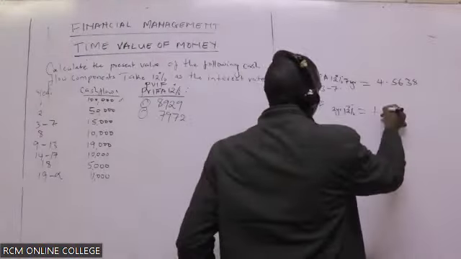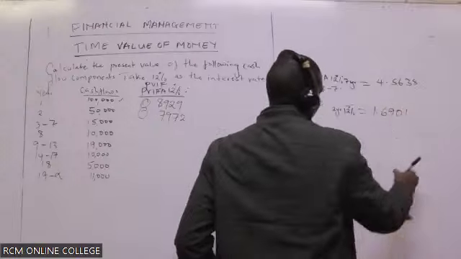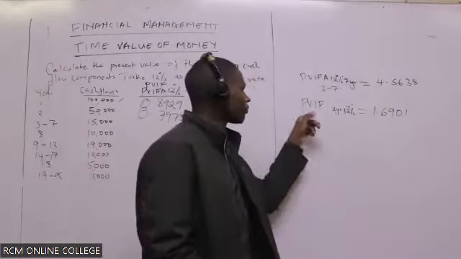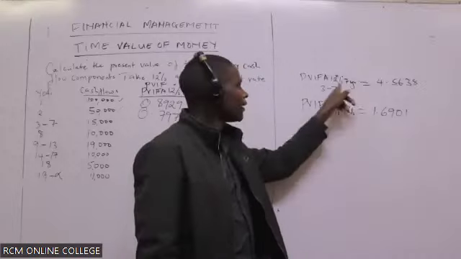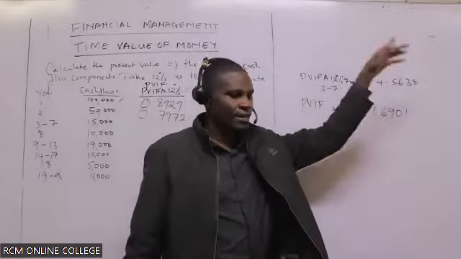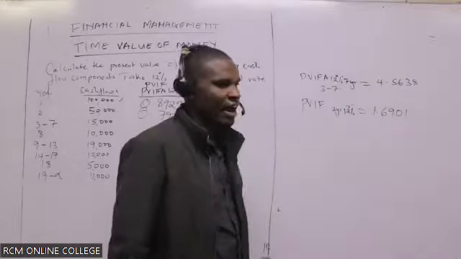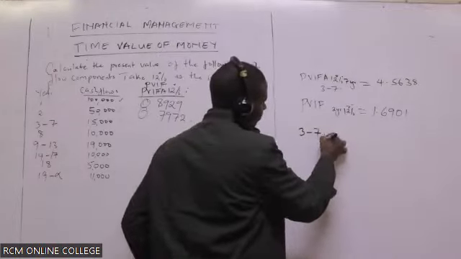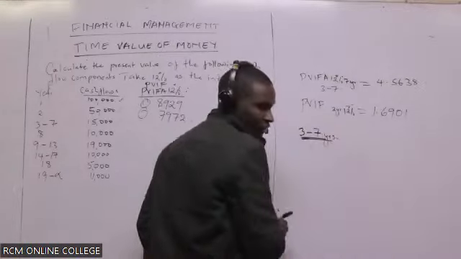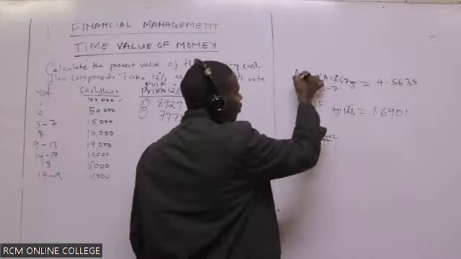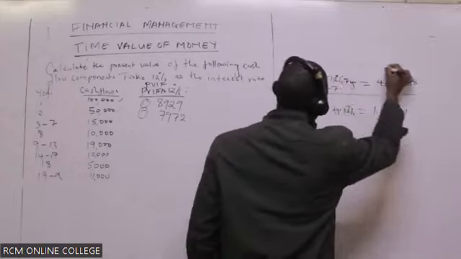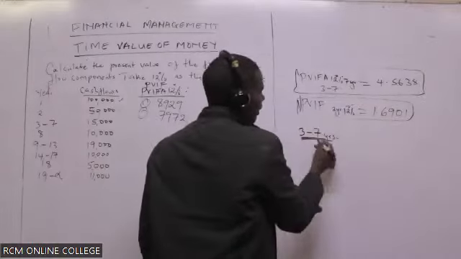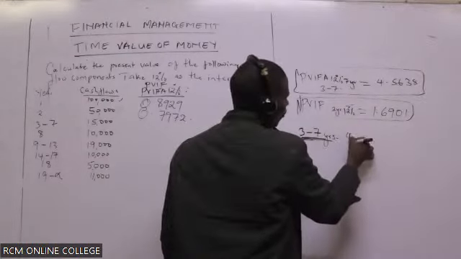1.6901. Okay. If this is the PVF of 2 years, and this is the PVF of all 7 years, how do we get the PVF of 3 to 7 years? How do we get that value? We take this whole big one and subtract this small one. The difference that remains will be this.